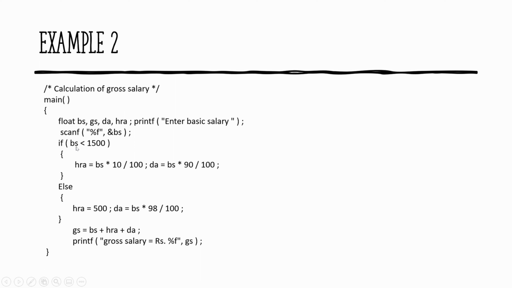If BS is less than 1500, the if statements will be executed. And if BS is not less than 1500, which means it is greater than 1500, then it is going to execute the statements inside the else block, inside these curly braces, right? We also notice that the last statement is written after the else block, which means it is a part of the main function and is executed after the else statement.